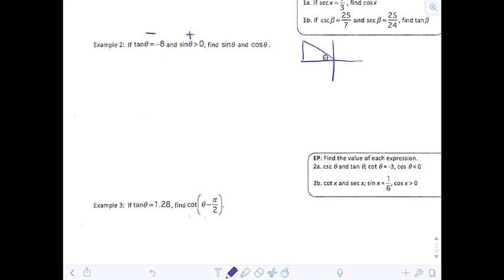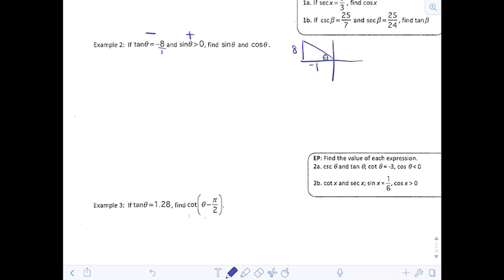So if I know that the tangent is -8, I can put that over 1. Tangent is opposite, which is 8, over adjacent, which is -1. But to find sine and cosine, I need the hypotenuse. And quite honestly, you can absolutely do Pythagorean theorem.